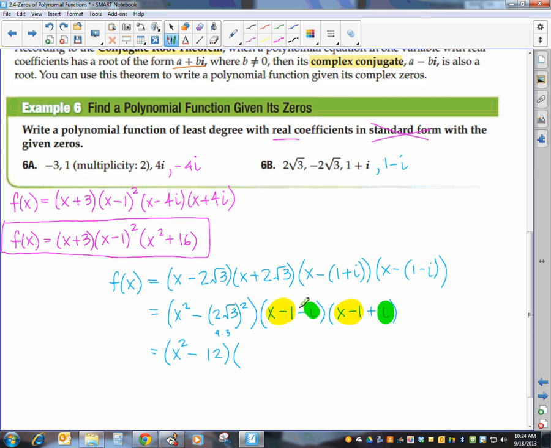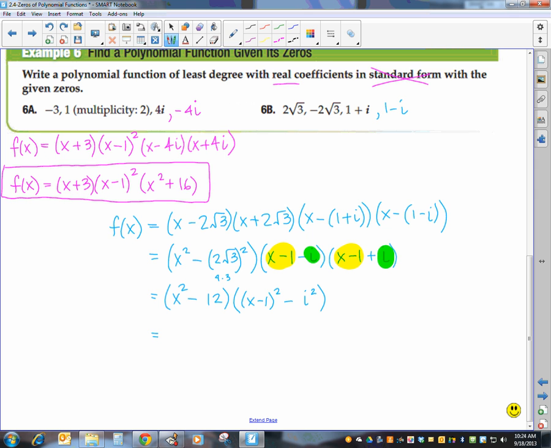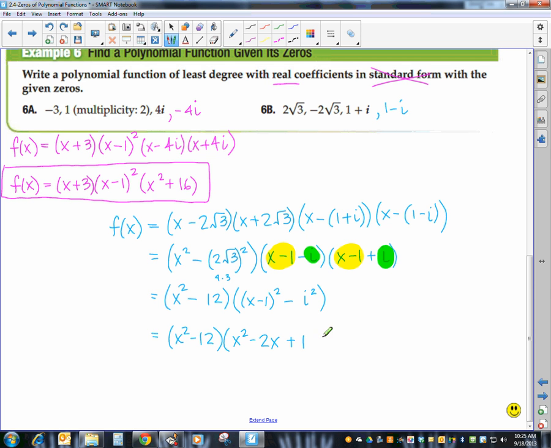X squared minus 12. And over here, I'm going to have x minus 1 squared minus i squared. And to finish that off, x squared minus 12, we use our pattern, x squared minus 2x plus 1. i squared, of course, is negative 1, so that's minus a negative 1.